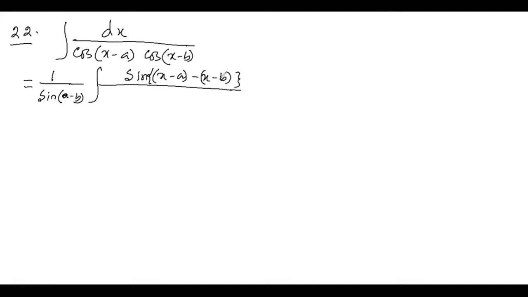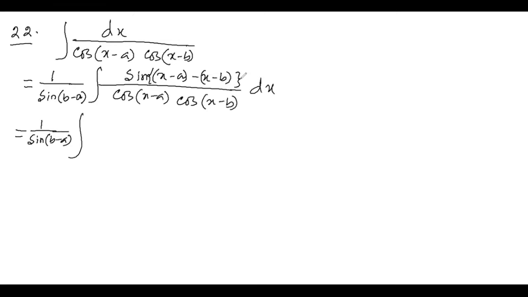So we considered sine of b minus a, or you can write 1 by sine of a minus b, or you can change it according to that to sine of b minus a, because this way we will write. So cos of x minus a into cos of x minus b. I think this is clear to all of you: 1 by sine of b minus a.